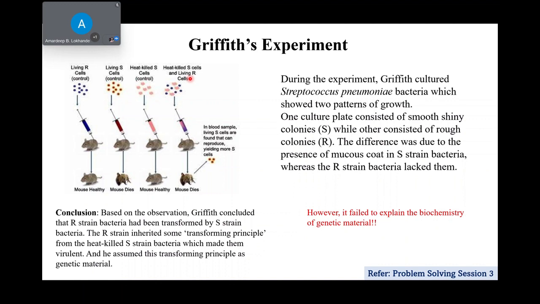So they used several enzymes, for example protease, RNases or DNases, and they found that when they used DNase, this transformation did not happen. But when they used RNase and protease, this transformation could not be inhibited. So now, not only did you say that DNA was a genetic material, but you also proved it by showing that when you add DNase, it does not happen any further. So you can easily conclude here that DNA is a genetic material.